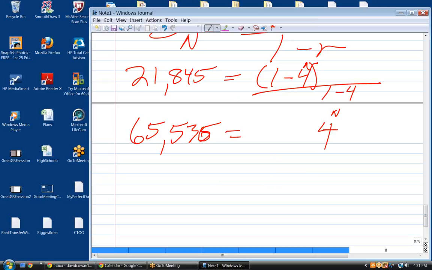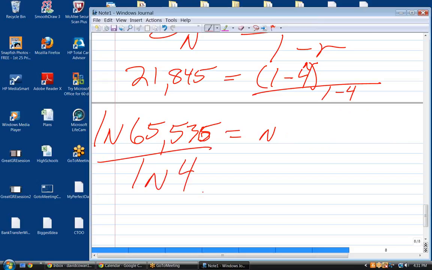Wouldn't it be log? Yeah, take the natural log of both sides. Now you can take that n, stick it there, and you've got n is the natural log of that number divided by the natural log of 4, and that's how many terms there are going to be in that sequence.